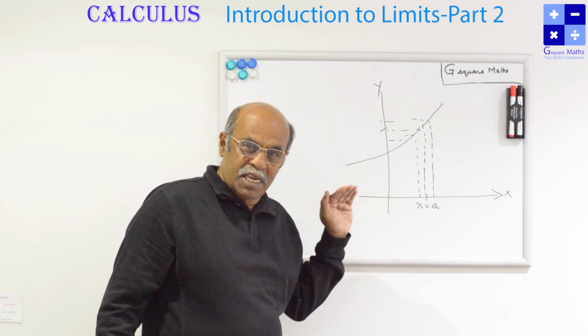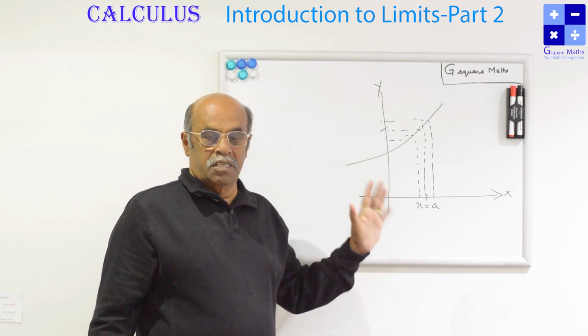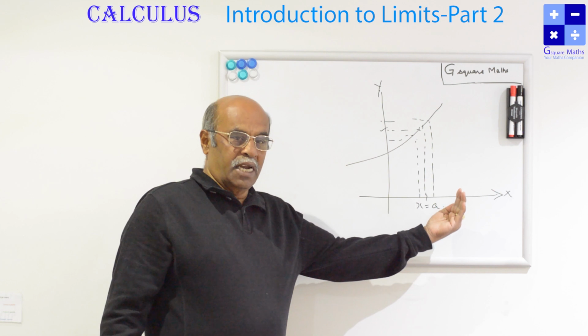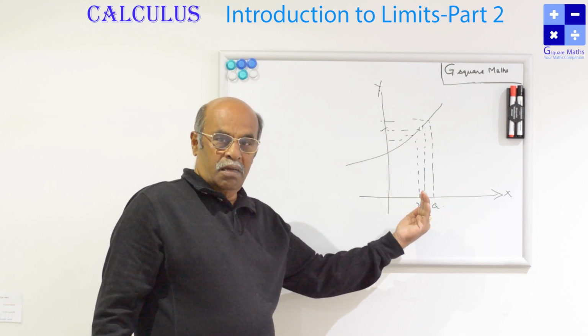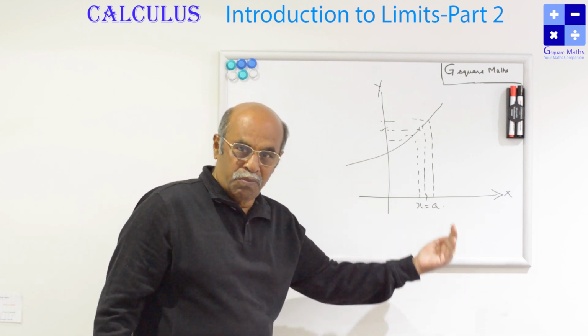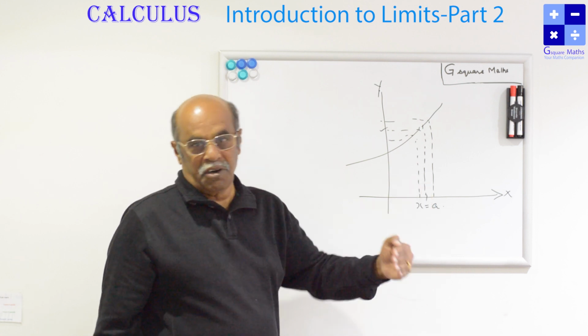x is tending to a from its left side. Similarly, x is tending to the point a from the right side. We used to call these the left hand limit and right hand limit.